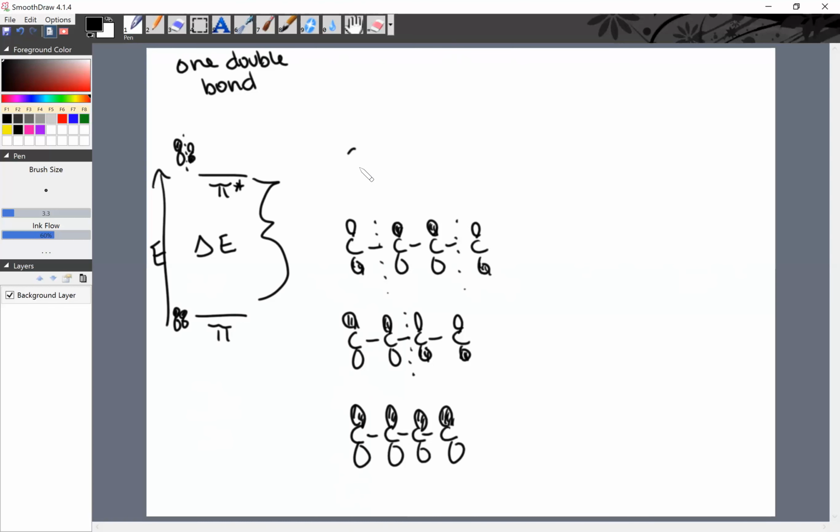Last but not least, the worst combination. Now, this is telling us the effective overlap, or how much it's overlapping.